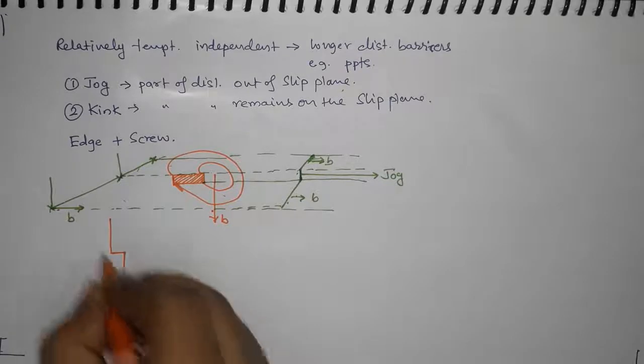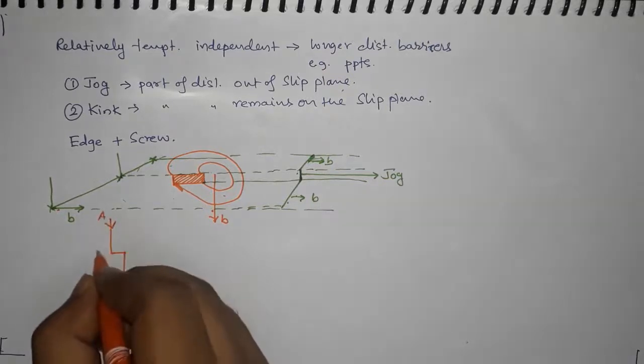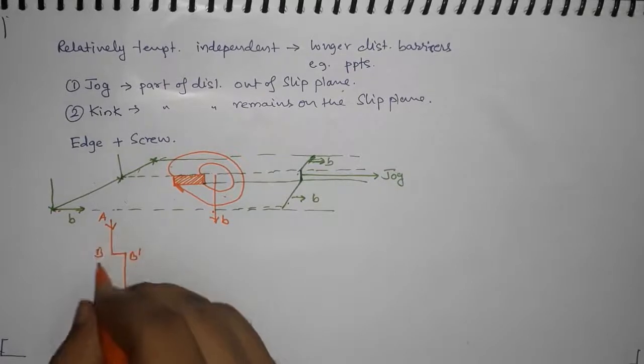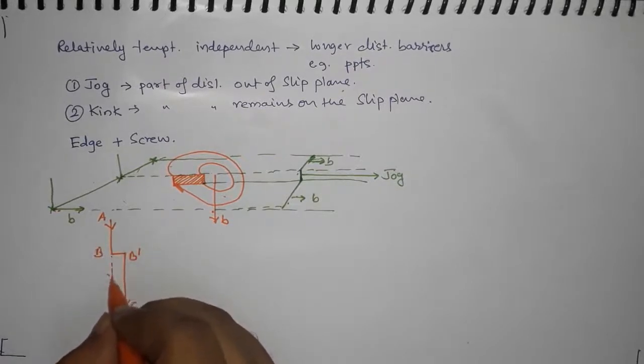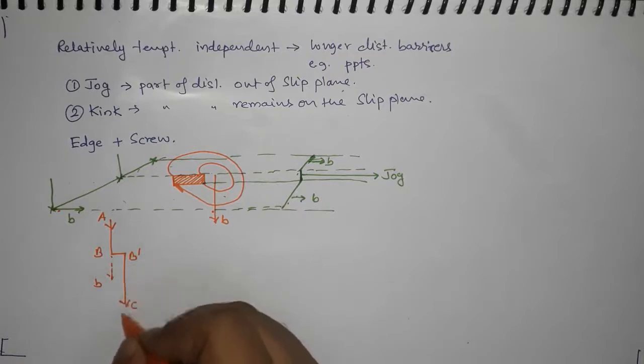So let's call this part A, B, B dash, C. AB can move along its Burgers vector, and B dash C can move along its Burgers vector.